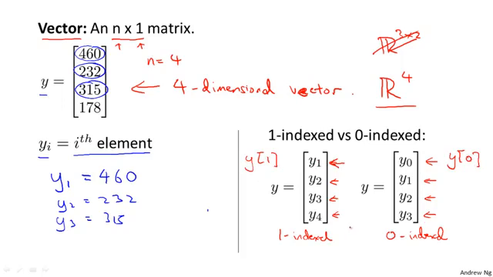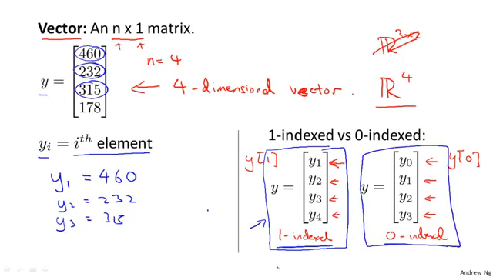In most of math, the 1-indexed version is more common, but for a lot of machine learning applications, 0-indexed vectors give us a more convenient notation. So unless otherwise specified, you should assume that we're using 1-indexed vectors. In fact, throughout the rest of these videos on linear algebra review, I will be using 1-indexed vectors. But be aware that when we talk about machine learning applications, sometimes I'll explicitly say when we need to use 0-indexed vectors as well.